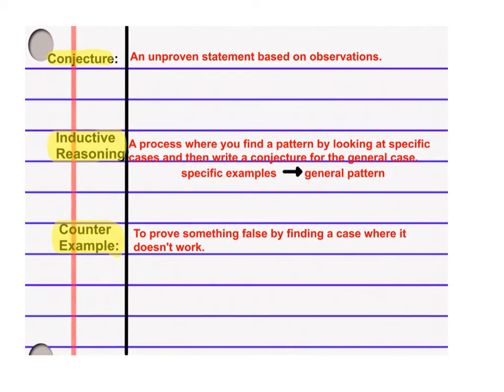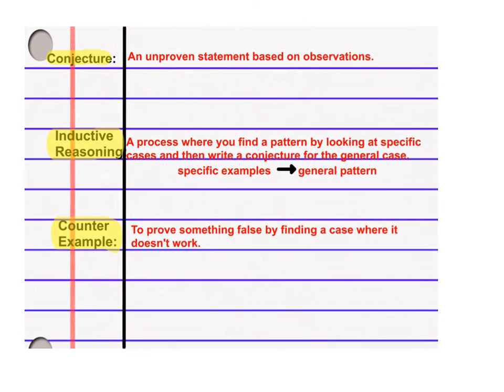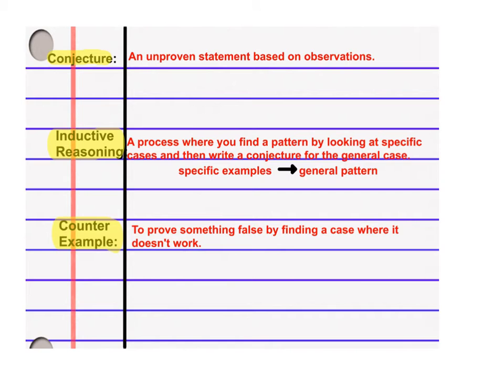All right, here are some vocabulary words. Conjecture. It's kind of like a theorem, except it's an unproven statement. A theorem is proven; you can do a formal proof for that. A conjecture is something that's not proven, but you base it on observations. So, for example, maybe that it rains a lot in April.